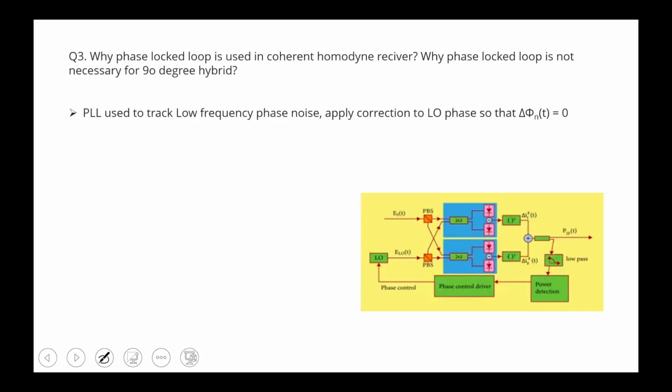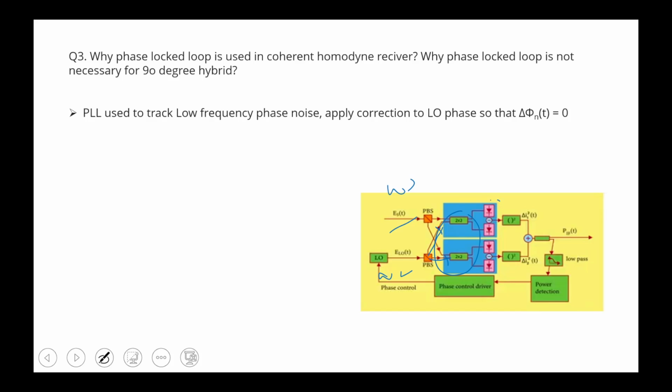This is the diagram. This is the parallel signal, which goes to this side. The local oscillator is combined with the PBS, and the perpendicular signal goes through the coupler. We have used a 2 into 2 coupler here. This is the E_S2 signal with frequency omega ST. Here omega L is the frequency, and I1 and I2 are combined.